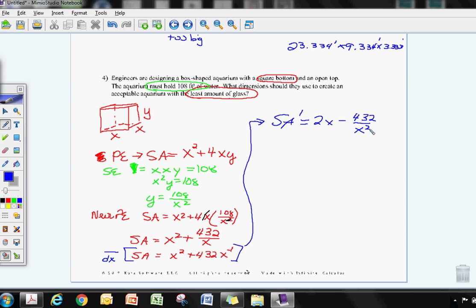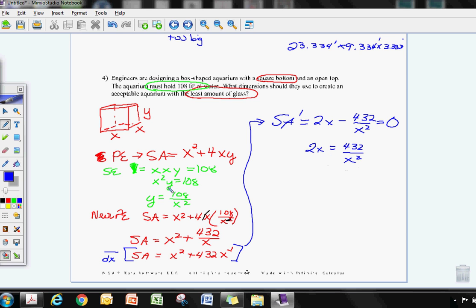Yeah, I did a lot of math. I powered that down. The plus became a minus. This came to the negative 2 power. I changed it to X squared here, because now I can set this equal to 0 and solve this. So I left the 2X on the left side and moved the 432 over X squared onto the right side.